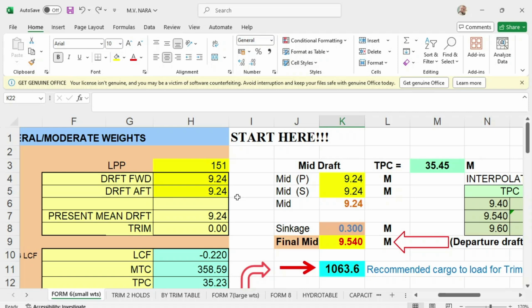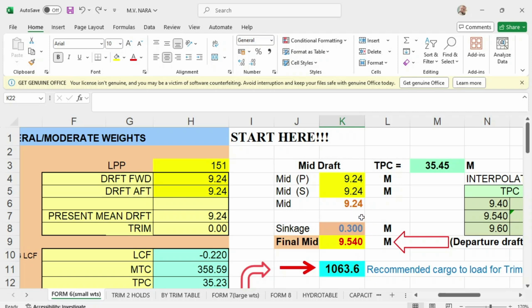Okay, so you and the drop surveyor, assuming that this is the drop reading that you made, forward is 9.24, aft is 9.24, and mid port is 9.24, and mid starboard is 9.24. So this will be your actual mid port minus your final departure drop of 9.54.